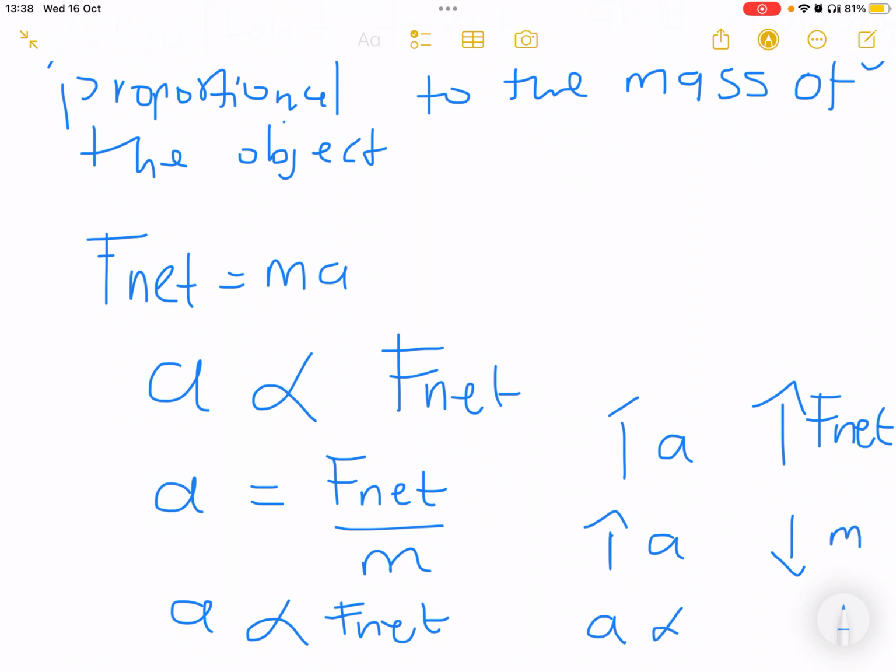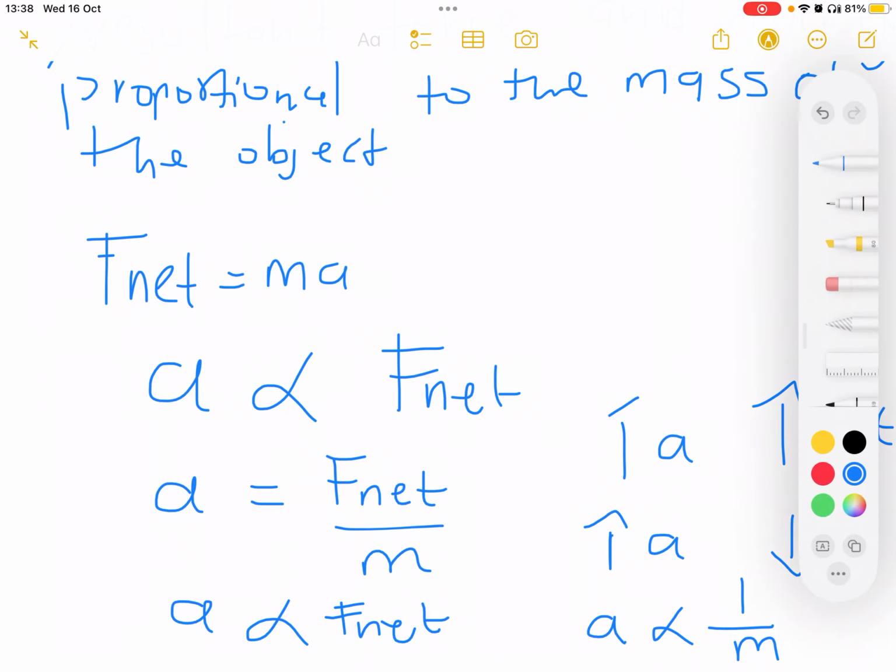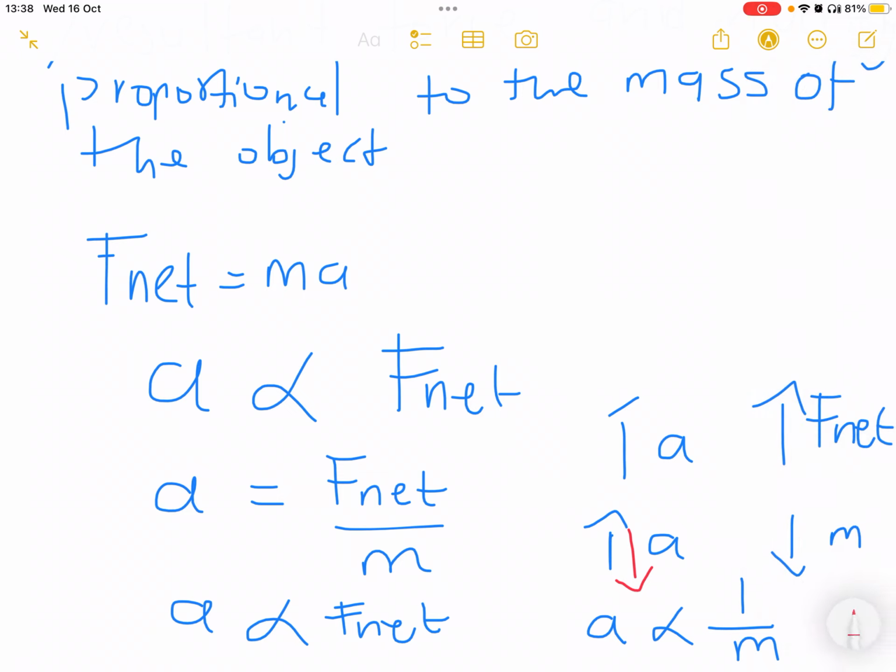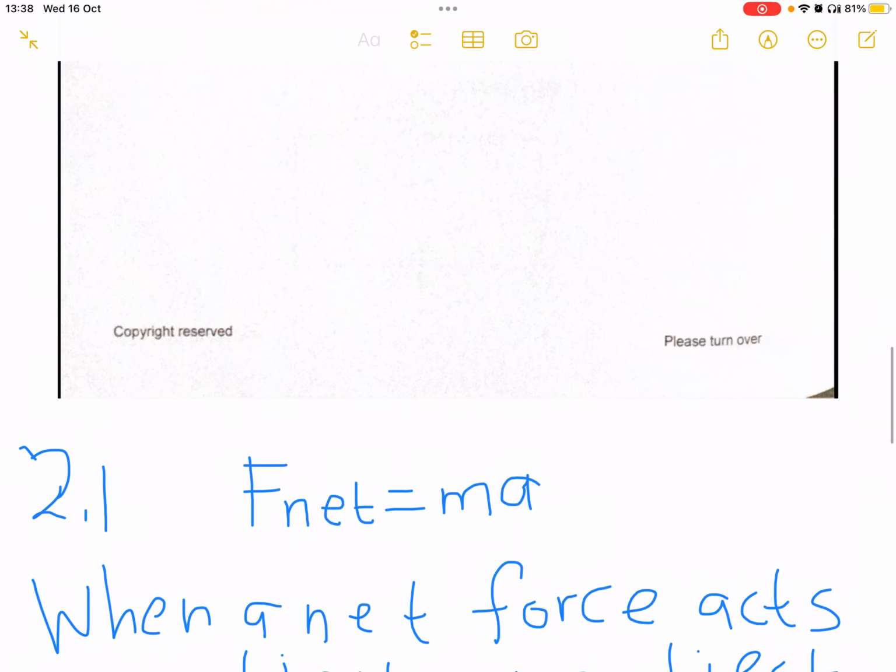So A is inversely proportional to M, such that a decrease in A results in an increase in M. And that is basically Newton's second law. They are inversely proportional.